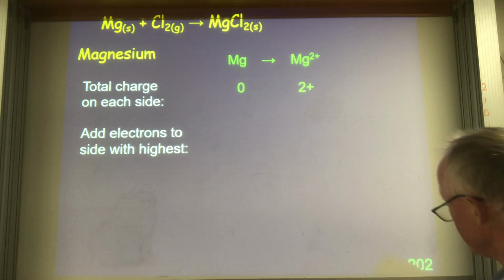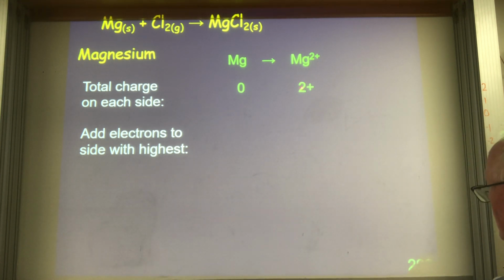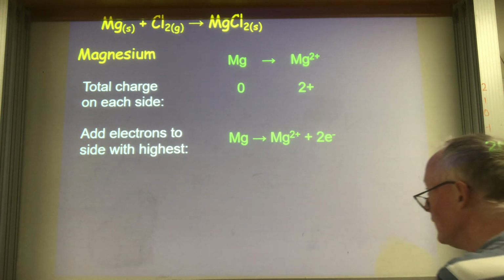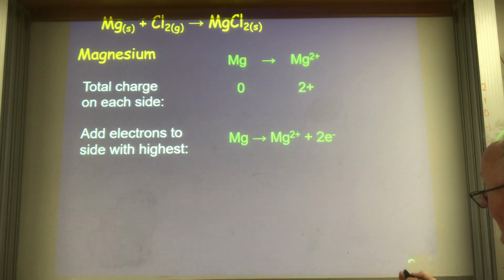Think of it as a number line. So clearly we need to add 2 electrons. Electrons have got a negative charge, of course, so we add 2 electrons here to bring the 2+ down to equal 0. Like I say, that idea of working out the overall charge on both sides really pays off a little bit later on.